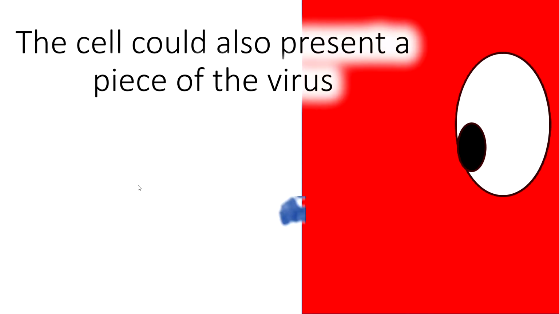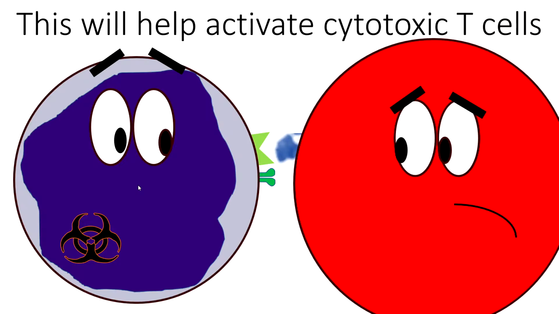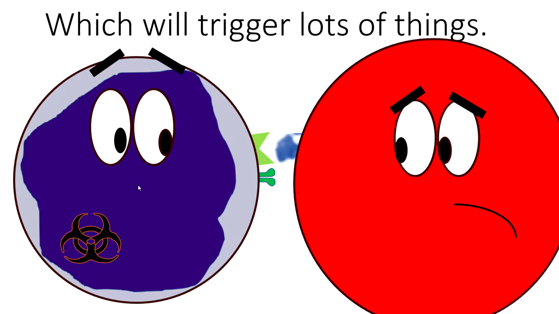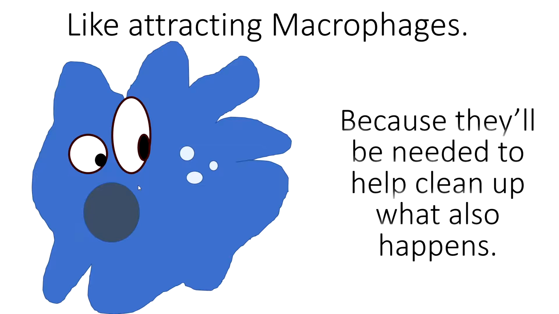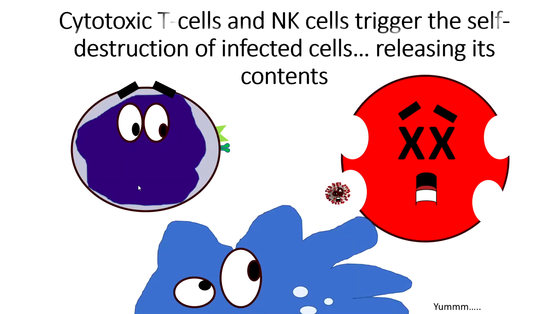The cell could also present a piece of that virus, which can activate other cells, such as the cytotoxic T cell, which will trigger lots of things, like attracting macrophages, because they're going to be needed to help clean up what's about to happen. The cytotoxic T cells and natural killer cells will trigger self-destruction of the infected cell, releasing its contents.